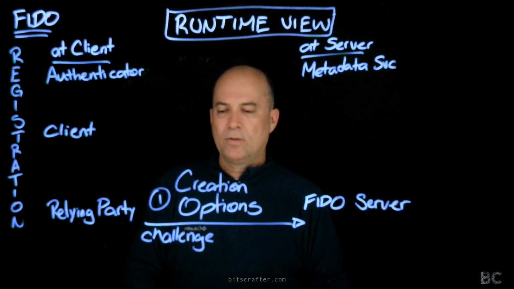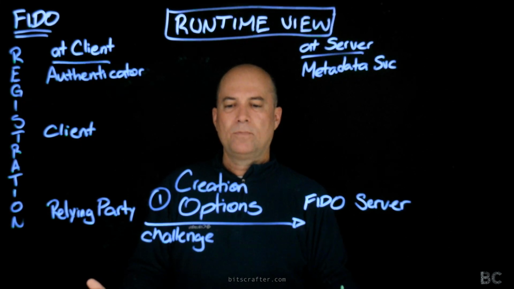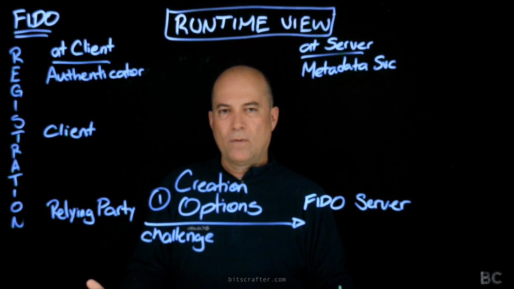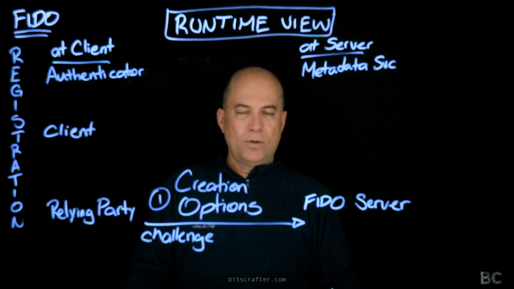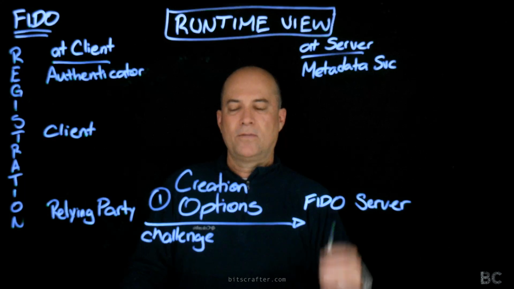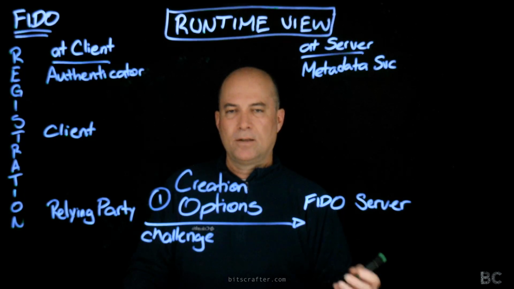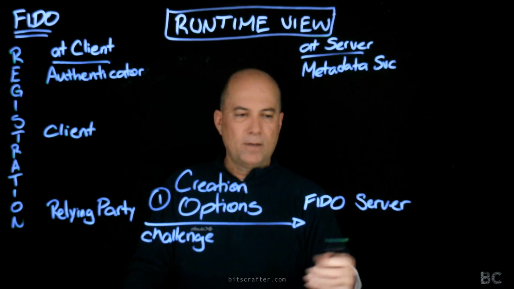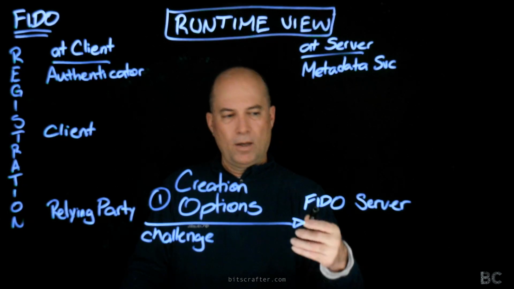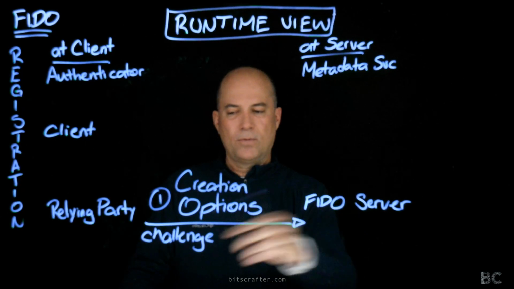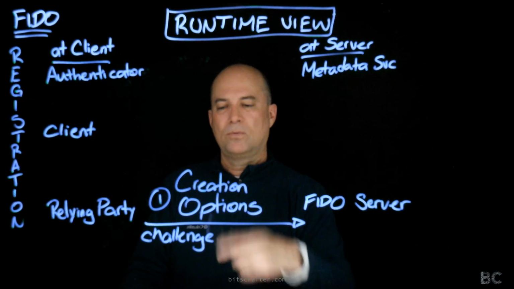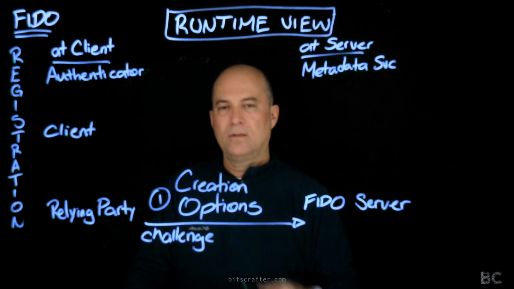The purpose is to avoid replay attacks. So that means that the challenge should be only used once. And the FIDO server needs to be able to detect, has this been used already or not? So that is the purpose of the challenge, as well as a way to say, yes, everything started from the FIDO server, because the FIDO server should be able to remember or to tell whether it created this challenge.